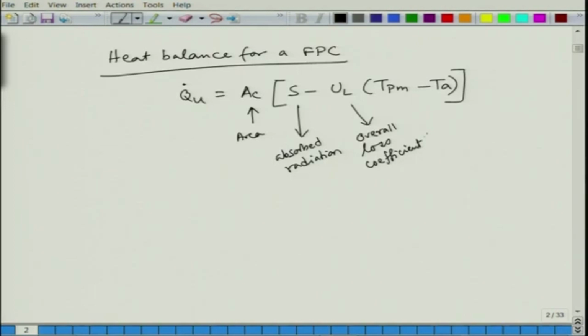This is equivalent to H, the heat transfer coefficient, but U is used when we have an overall effect, not just the convection effect. And TPM is the mean plate temperature, and TA is the ambient temperature.